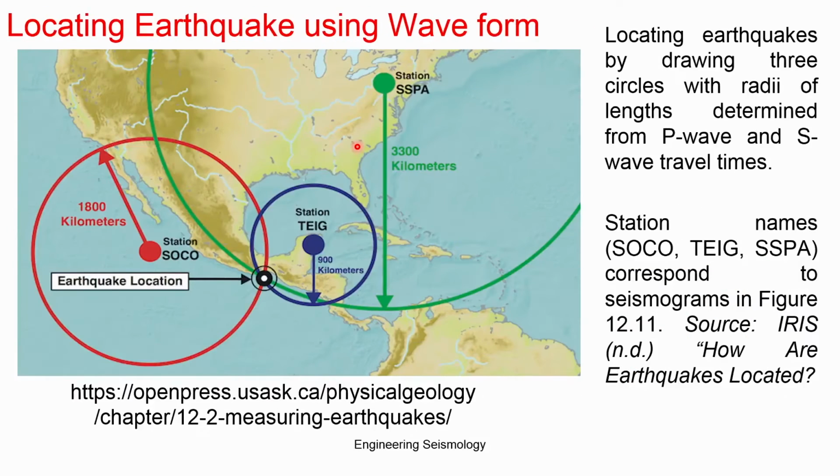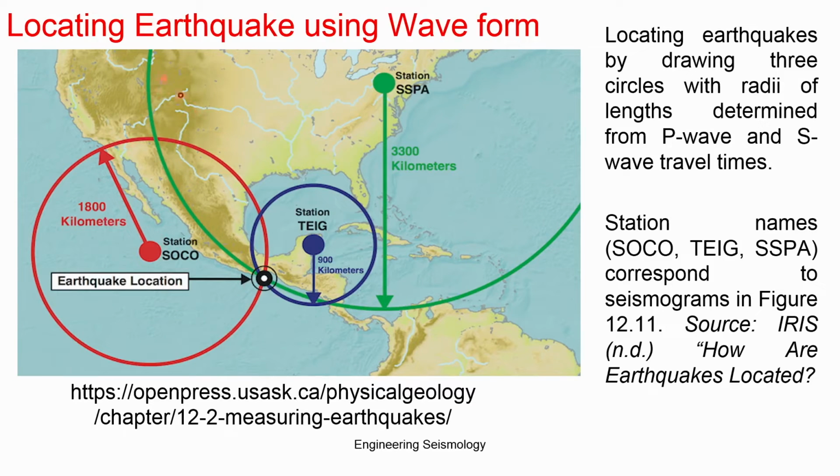This data is recorded at several stations. Once you identify it is an earthquake, you can estimate the arrival of the P wave and S wave, which we have seen. Then using the P wave and S wave arrival, taking an average velocity of the particular region, you can estimate the distance from the origin point to your station from the waveform data.